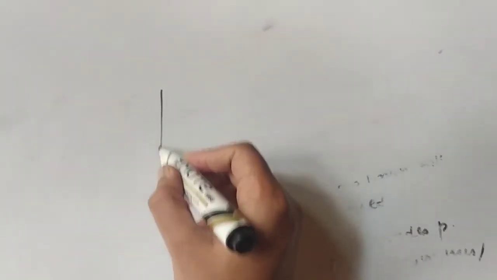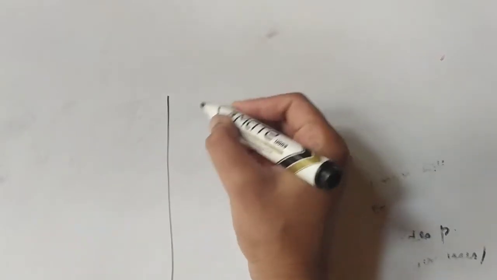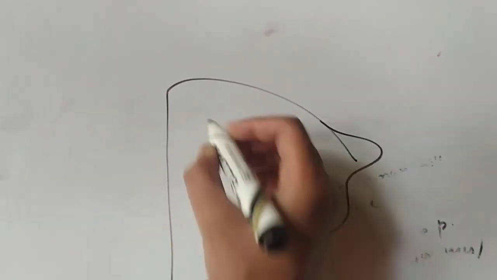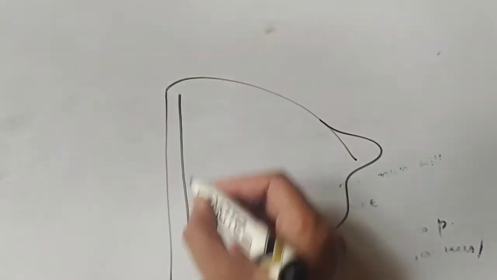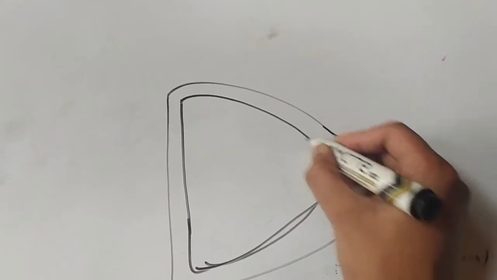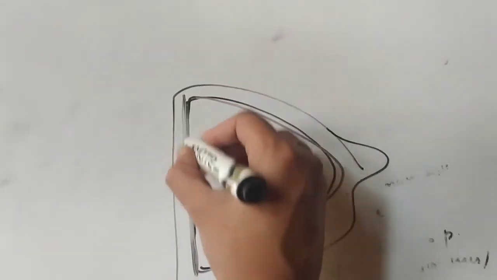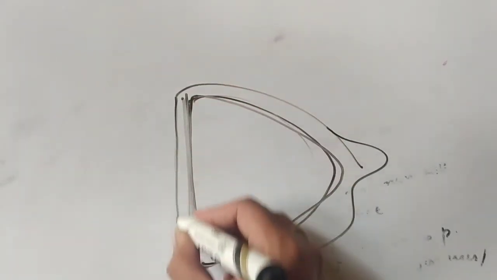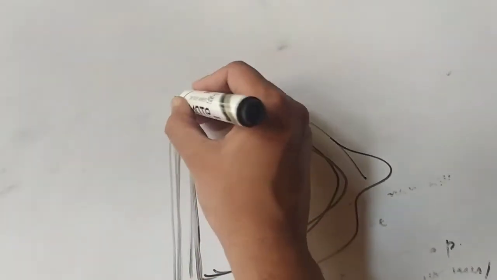You should learn one more thing. Let's suppose this is the breast, and this is the superficial fascia, with the anterior layer and the posterior layer. And now let's suppose this is the deep fascia.